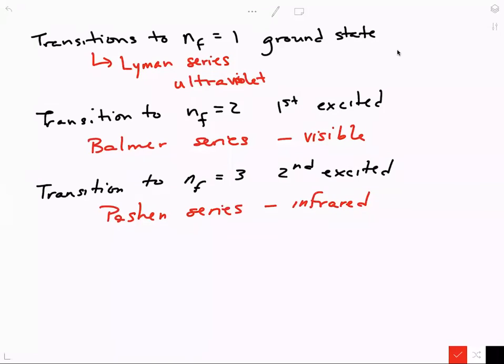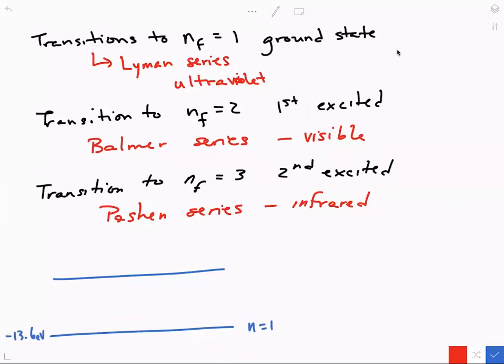Now, there is a picture in your book that gives you a visual of what these states look like, or one way to look at it. One of the ways is to look at a ladder, where n equals 1 has that negative 13.6 eV energy.